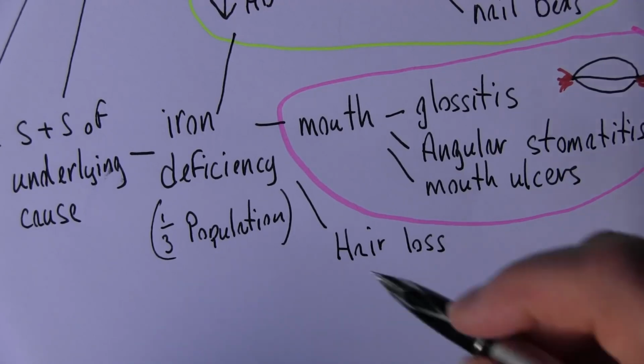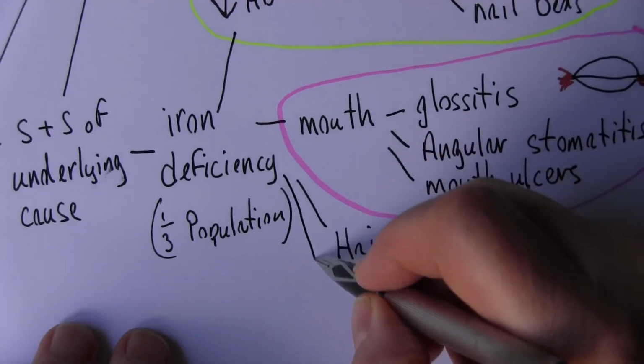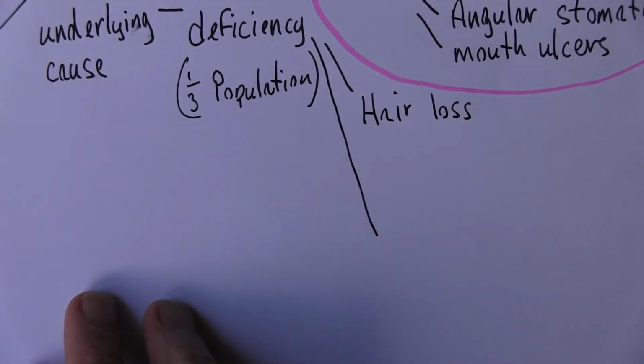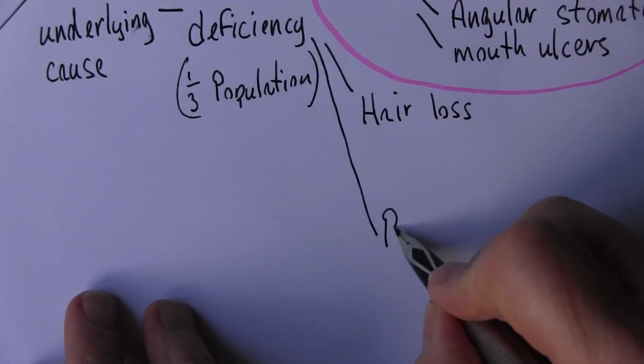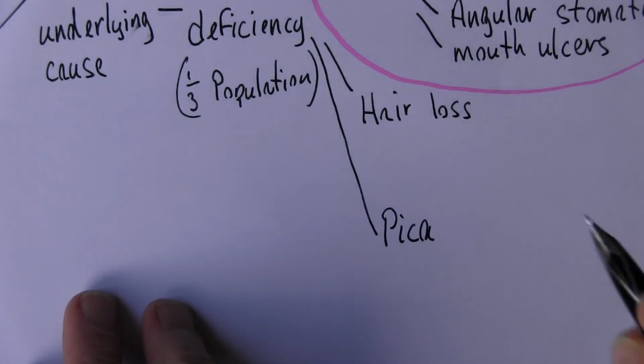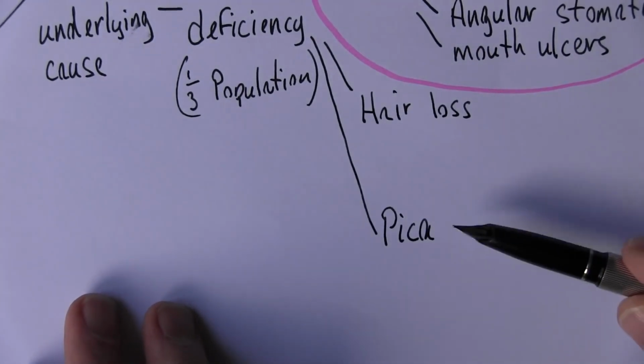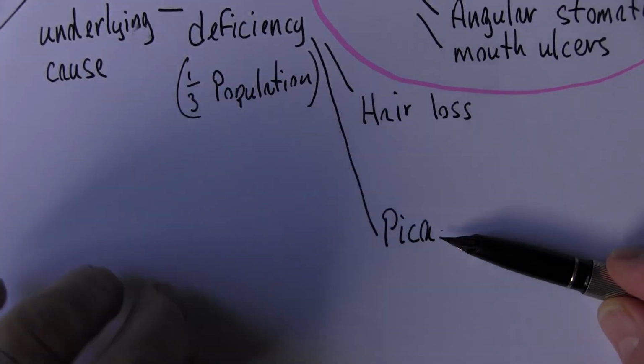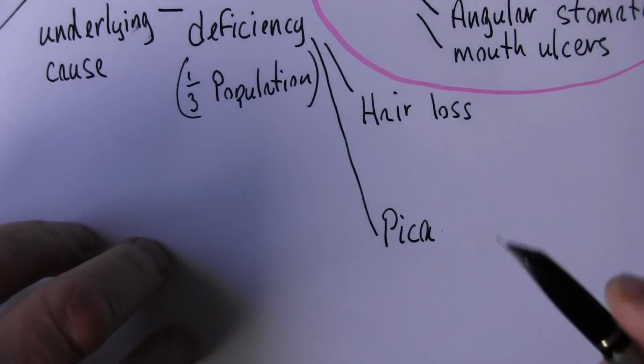Now, another interesting feature of iron deficiency is called pica. Now, if you've been pregnant or you're married to someone who's pregnant, you know about pica because it's the craving for different types of food.